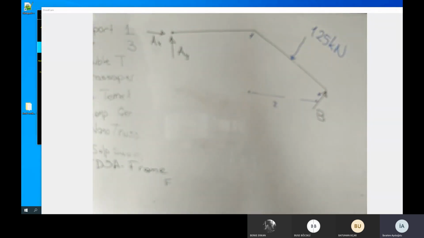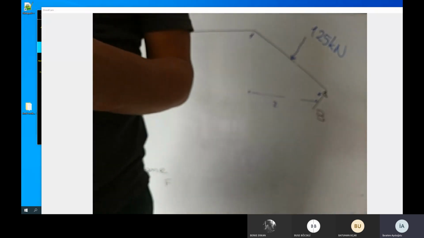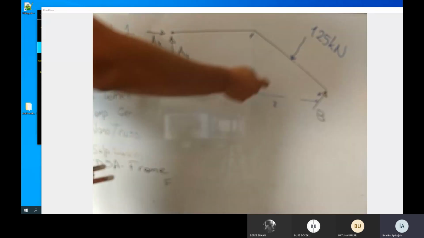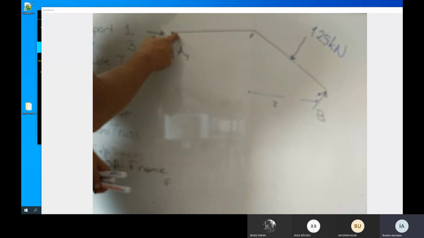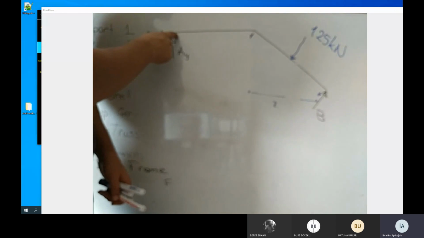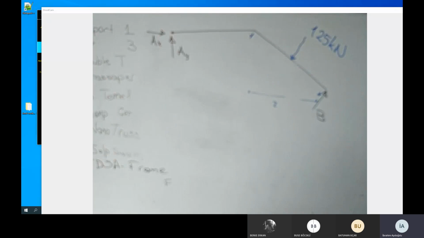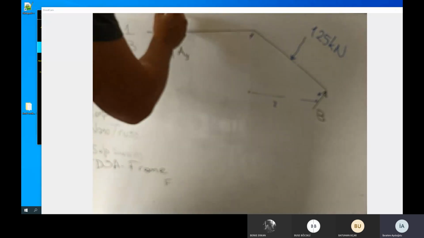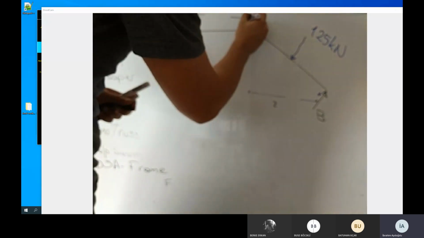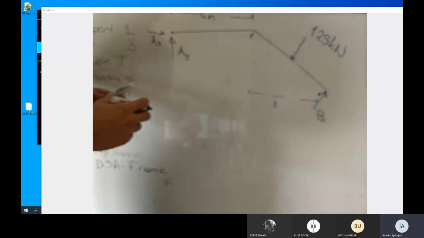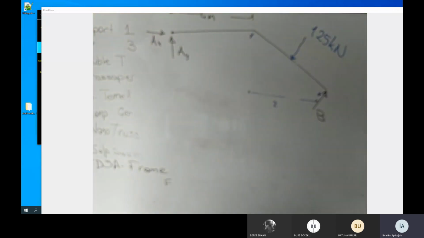The second strategy is to find the perpendicular distance from this point to this point, using geometry. In the question, this part is 4 meters. I also want to remember this, so I write it here.